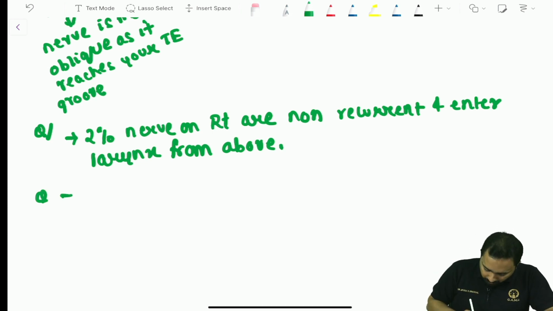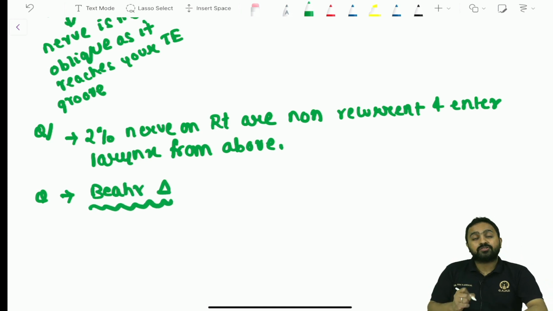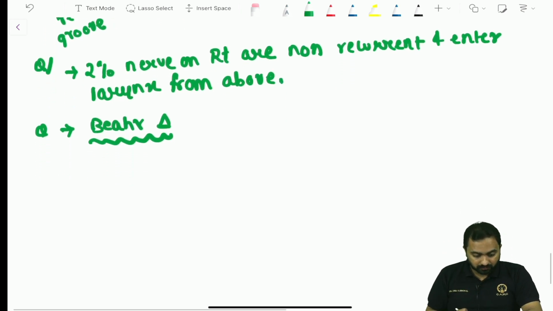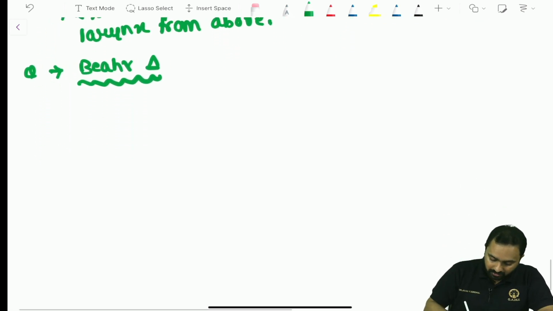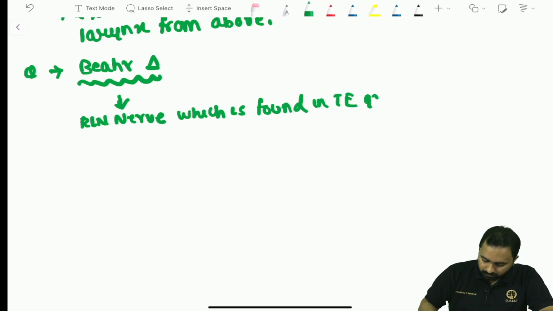And then another important thing that I want you all to remember is regarding your Beahrs triangle. So this is a triangle which is used to identify your recurrent laryngeal nerve. So now what are this triangle's boundaries made up of? Now it is made up of your recurrent laryngeal nerve, which is found in your tracheoesophageal groove.